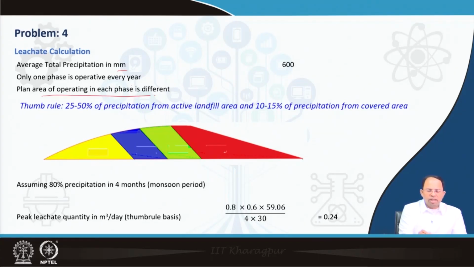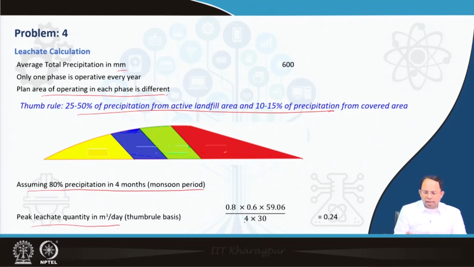Then the plan area for the operating phase is different in each phase, but we can assume it's the same one, right? And we can say that based on the active area being operated upon, and the area which is filled with intermediate cover, the precipitation volumes would be different as per this rule. But to make it simple, we will do the calculation based on what we learnt earlier, that is, assuming 80% precipitation in a 4-month period, we will consider the peak leachate quantity that is generated.